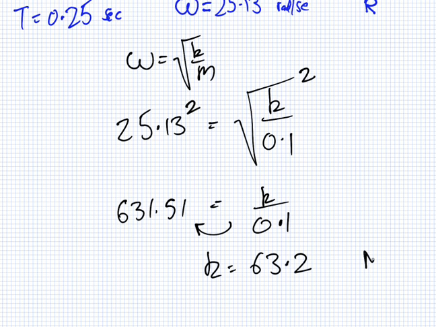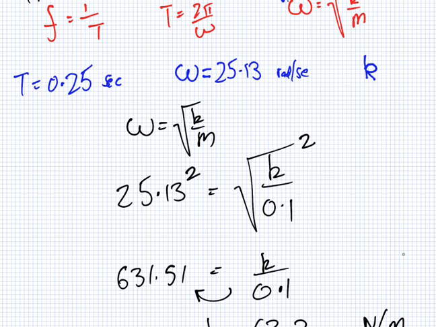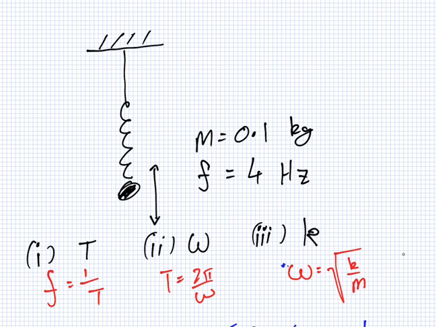Do you remember what the unit for K is? We did it yesterday, the unit for K. Yeah, so this is newtons per meter. Okay, next part of the question. If I just go up to the picture for the moment, this is moving up and down, up and down. Let's say the amplitude is 0.1.